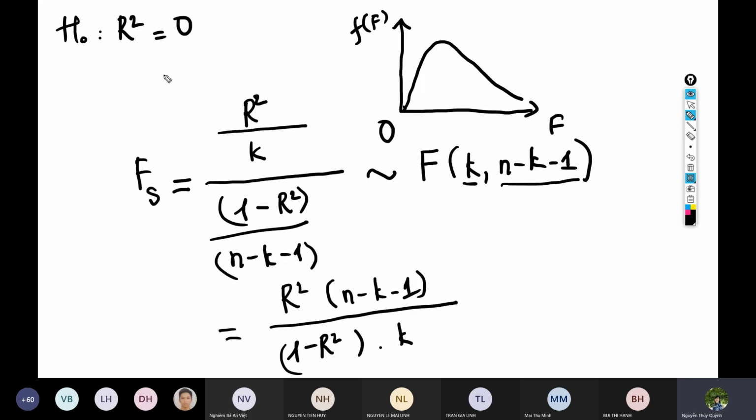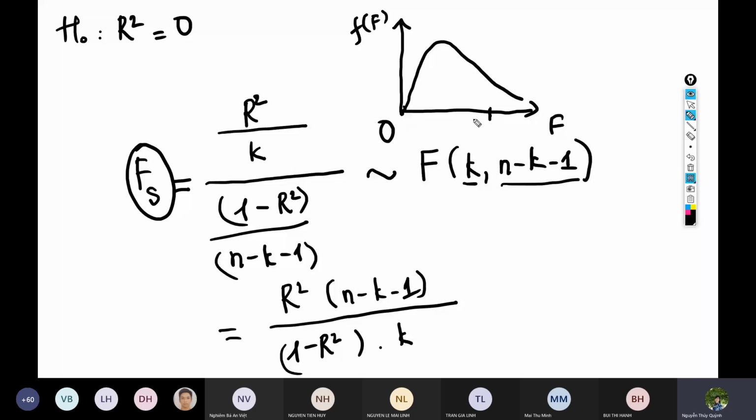If the null hypothesis is true, then our f value will be equal to 0, like this. So if we want to reject the null hypothesis, our observed value of f must be very different from 0, which means it will be far away from 0.